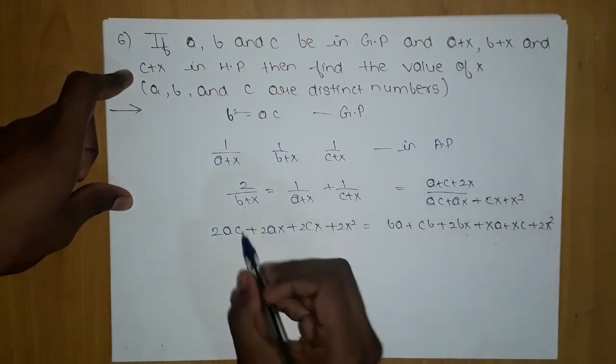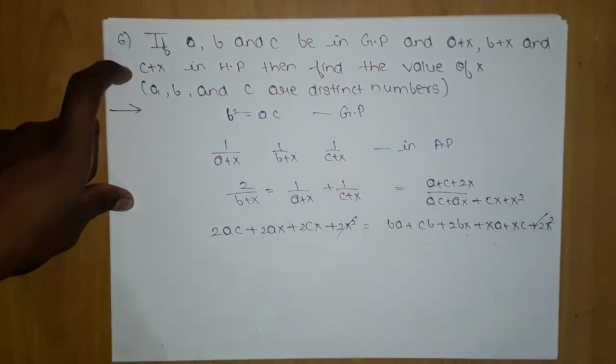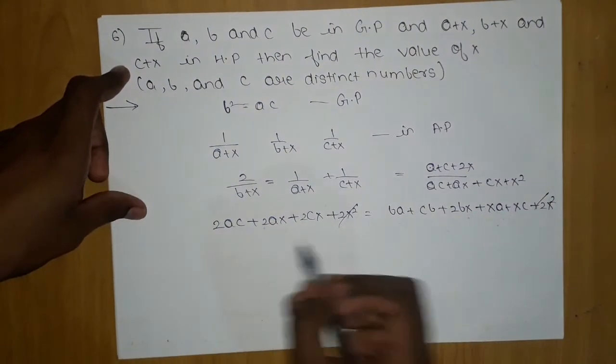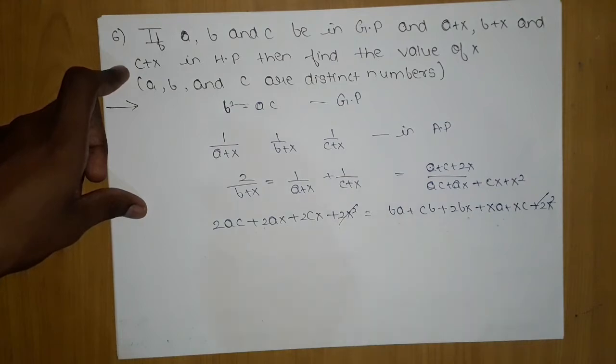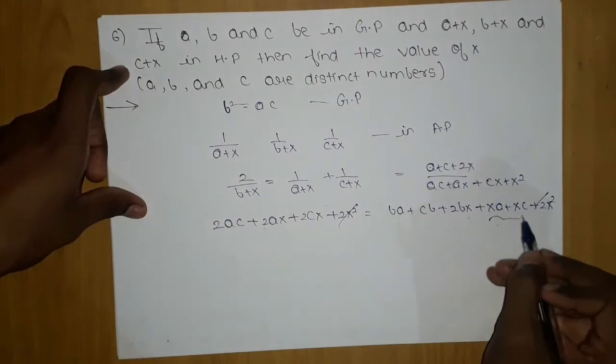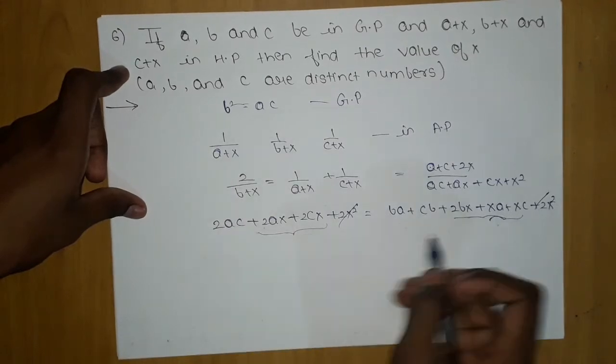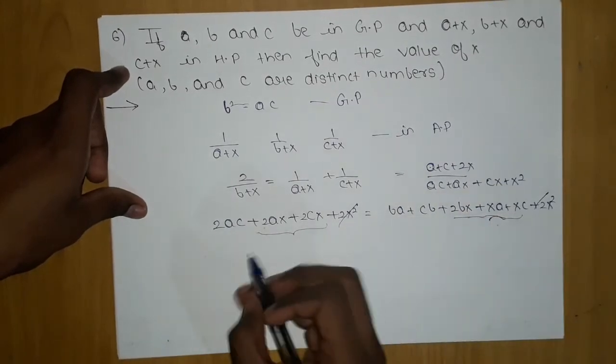Now you can clearly see after this step 2x square are cancelling out. So further on, let's separate the terms which are with x from the normal terms which are not with x. So let's move these to that side and collect these things on that side.